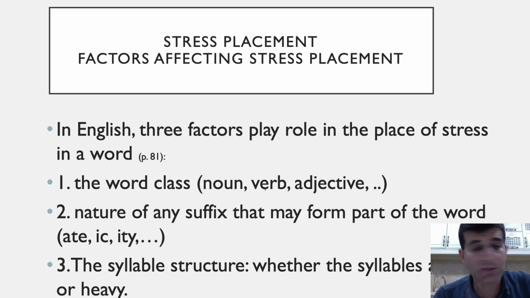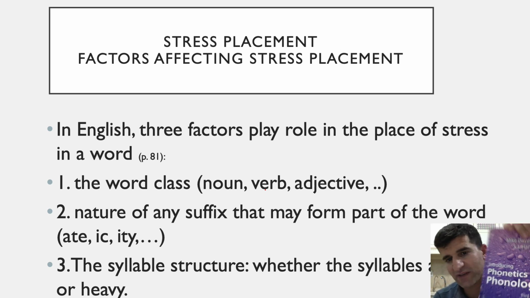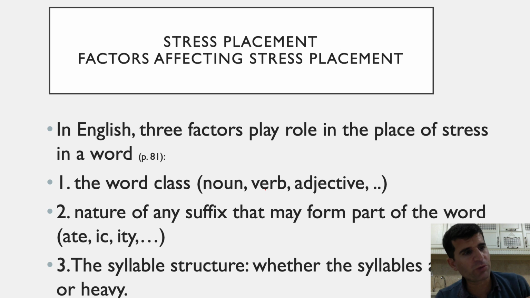But if there is no suffix added to the adjective, in that case it functions as a verb. So we have an adjective like insane. I'm looking at your book. This is the book that you have, and the examples are from your book, page 83.